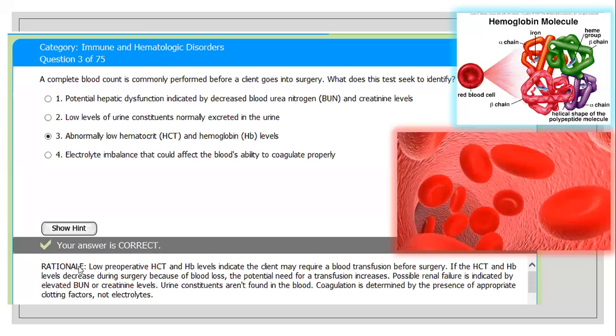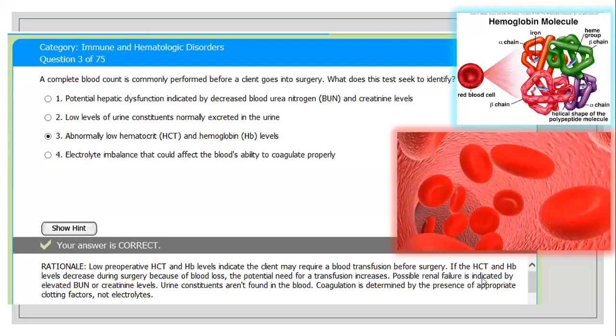Let me read the rationale. They said low preoperative hematocrit or hemoglobin level indicates the client may require a blood transfusion before surgery. So it evaluates, and it helps you go to the next intervention and planning.